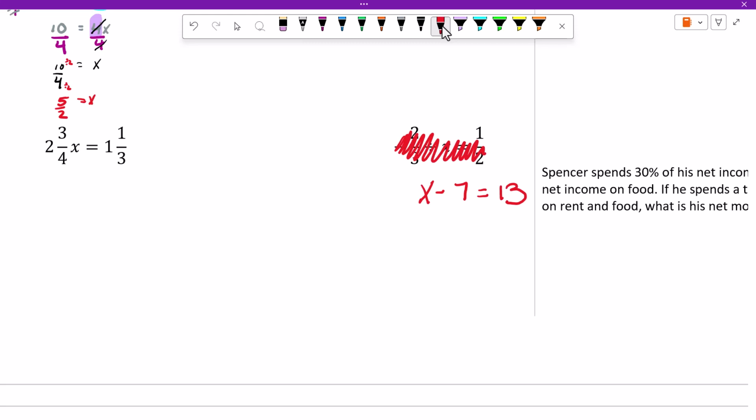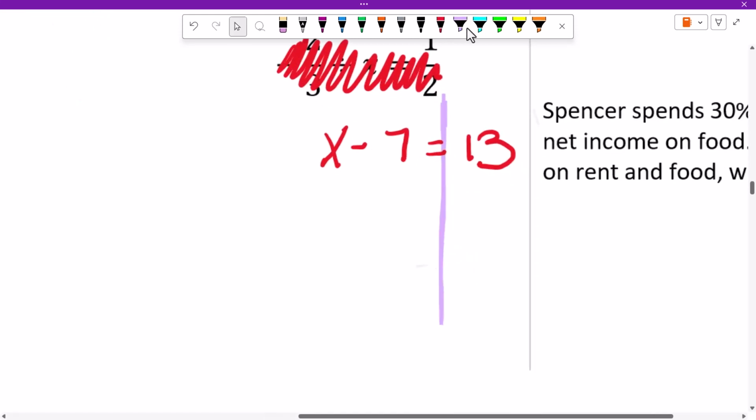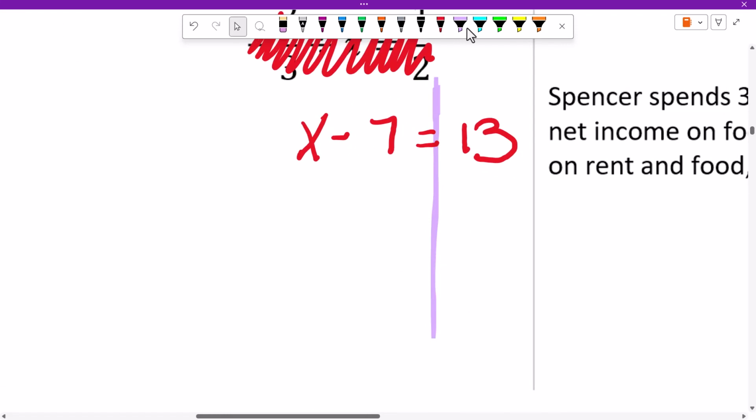We have an equal sign, and we're going to split it there. We cover up the side that doesn't have the letter, the variable. We find all the numbers we want to get rid of off that side, so here we have a 7. And we ask ourselves, what is the math operation between the variable and the number? Adding, subtracting, multiplying, or dividing?